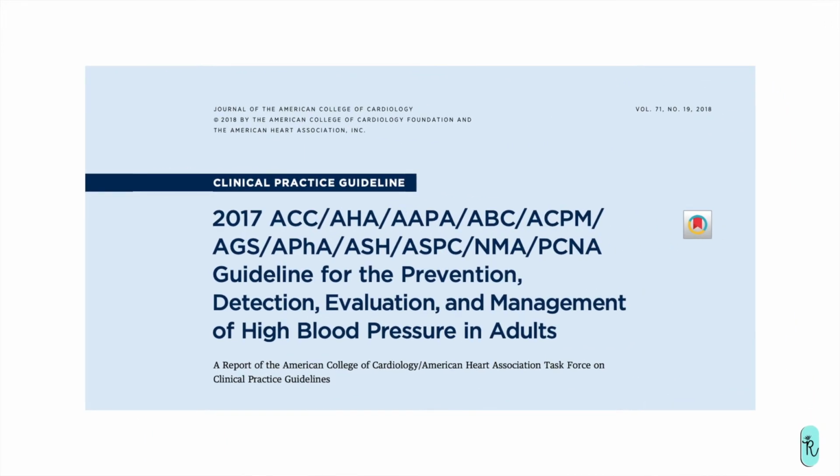The clinically accepted guidelines are the 2017 ACC-AHA guideline for the prevention, detection, evaluation, and management of high blood pressure in adults. But please note that other guidelines such as JNC8 have been used in the past, yet this guideline is used most commonly and has been updated since it was published.